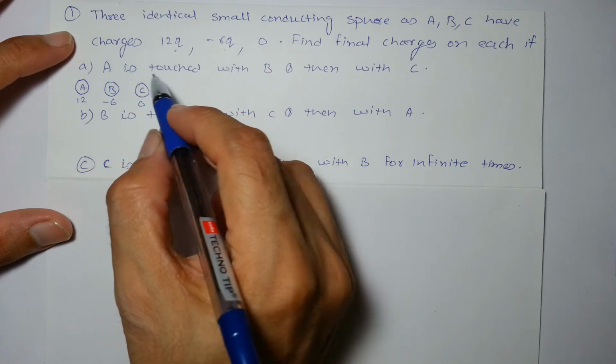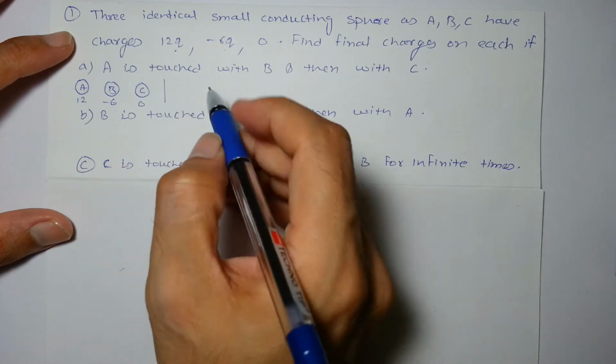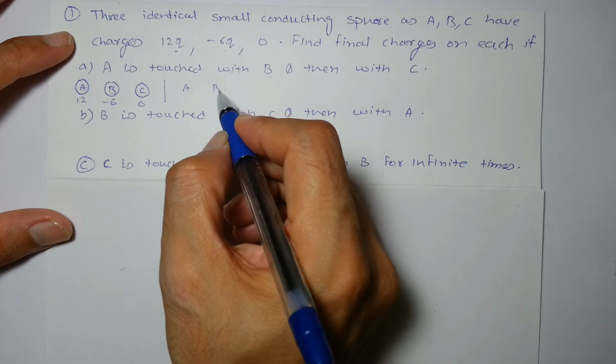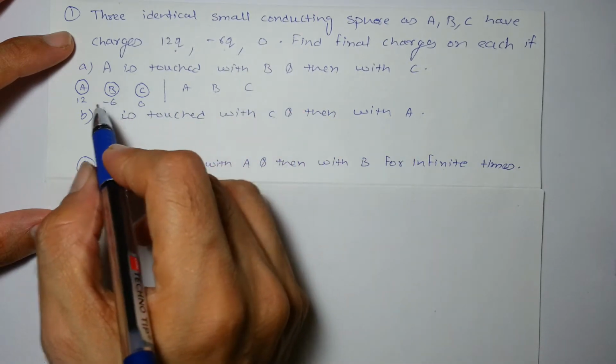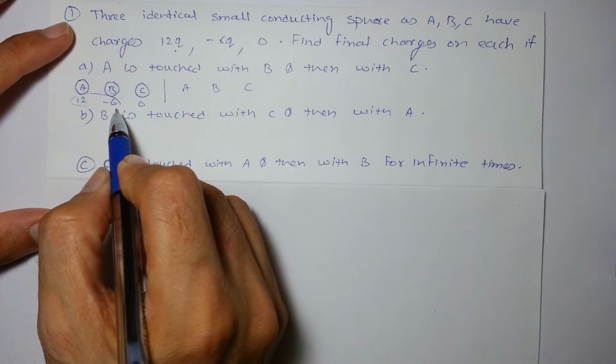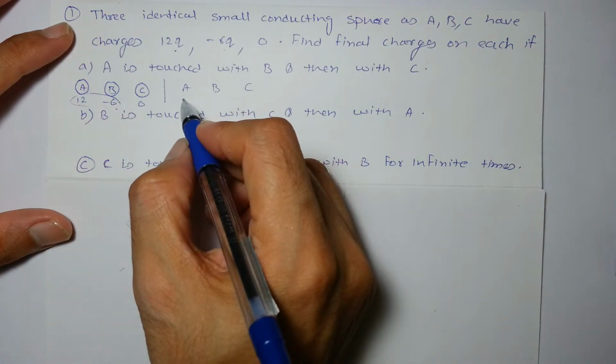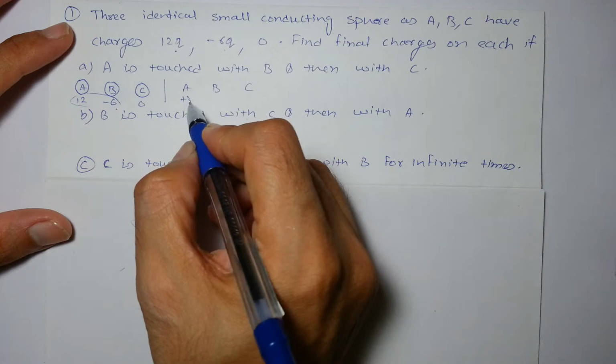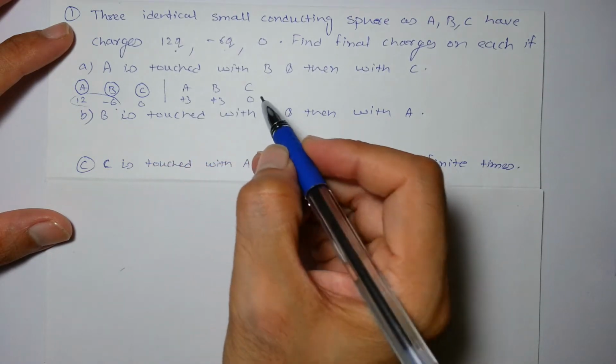After the first part, A is touched with B. The total charge on A plus B is +6, so they will share equal charge. +6 by 2 means +3 and +3. C will have 0.